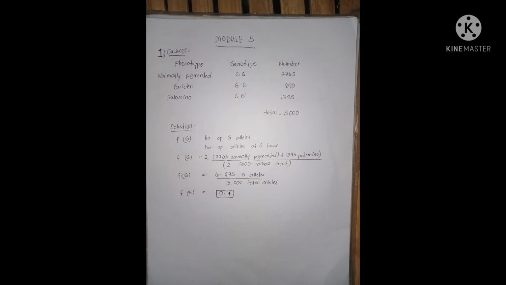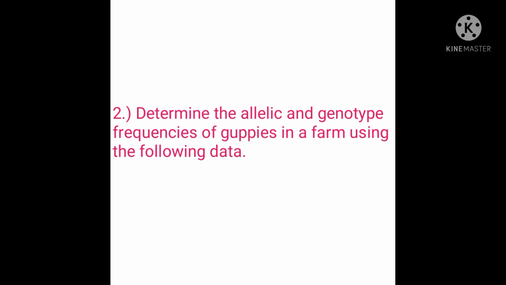Frequency equals 6,875 G alleles over 10,000 total alleles niya. Frequency equals 0.7 ang kinalabasan nung total alleles niya.